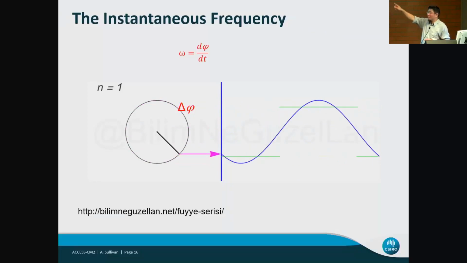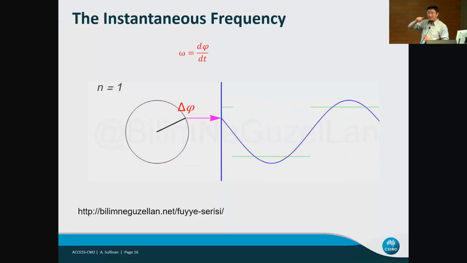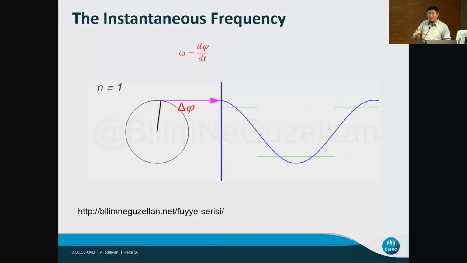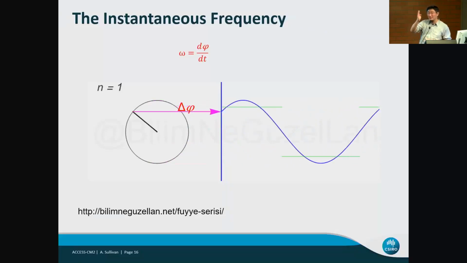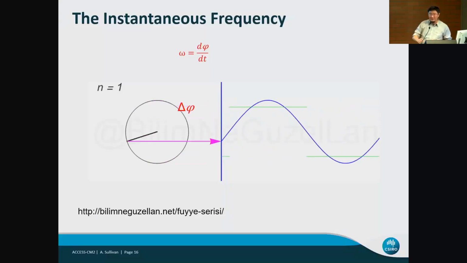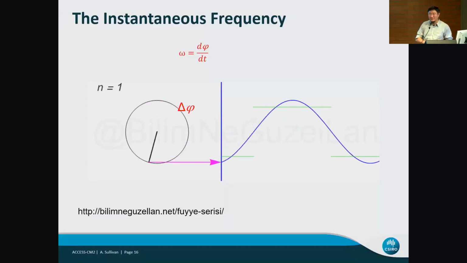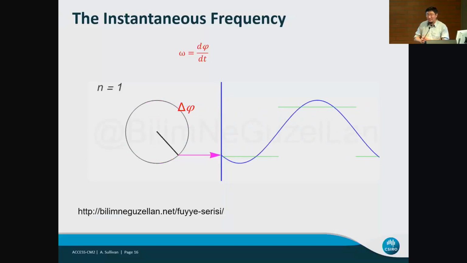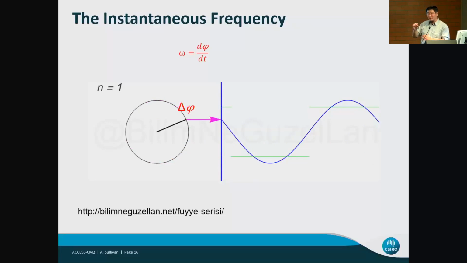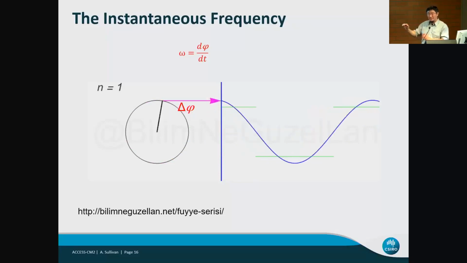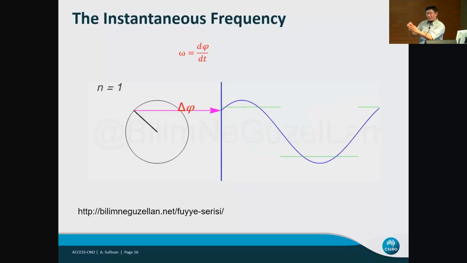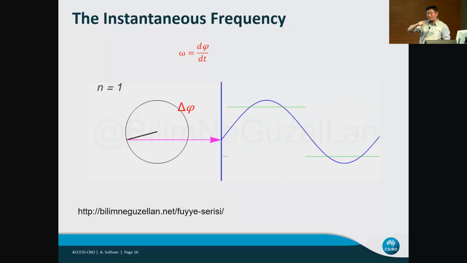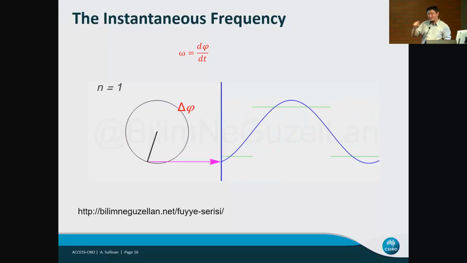Maybe it's still curvy, but the frequency will be the same because it's steady. That's the main criterion: we want the mean of the envelope to be 0. We grab everything back, and then when you plot delta phi by delta t, it is the same everywhere.